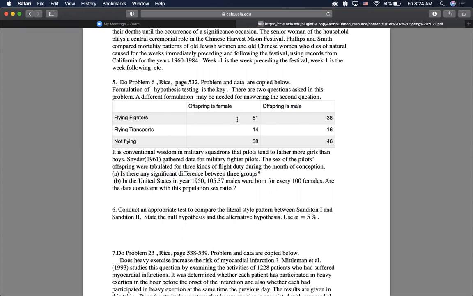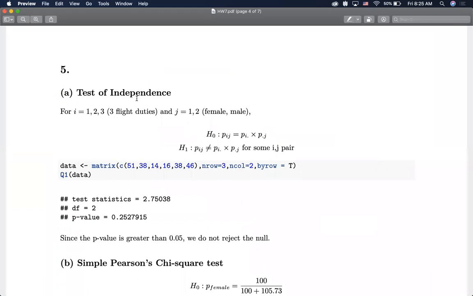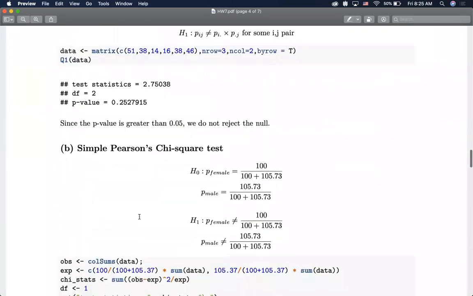The number of children can vary, and this is just the case that we observed at that time, so it doesn't make sense to fix the number on each category. So that is more likely a test of independence. So we set up the probability like that, input the data, and then test, call the function. Do not reject the null.